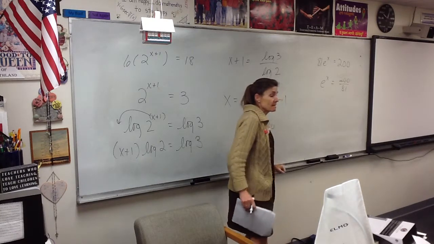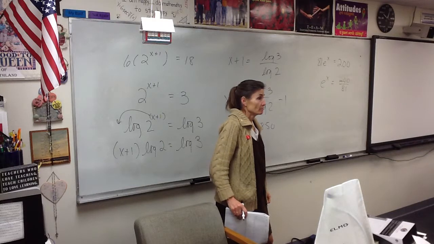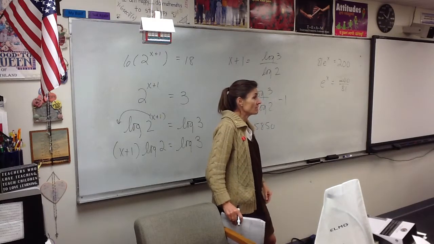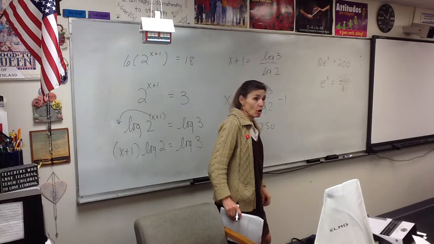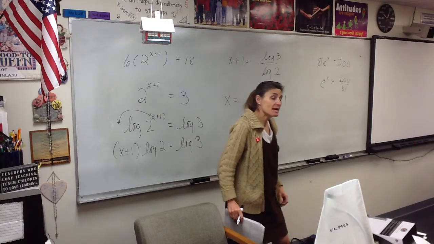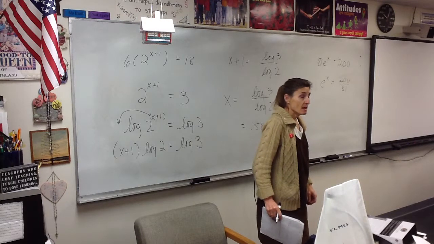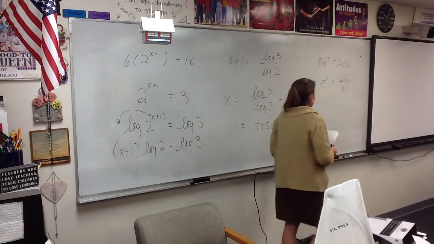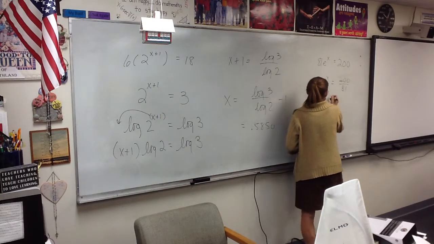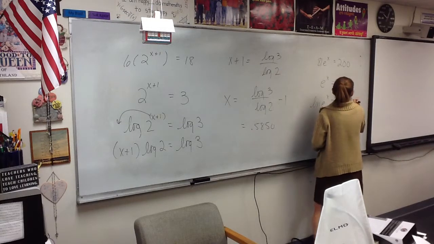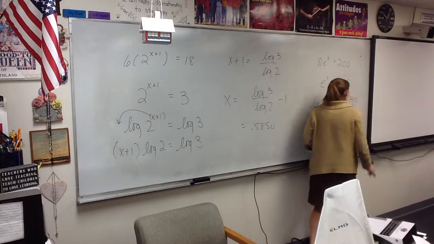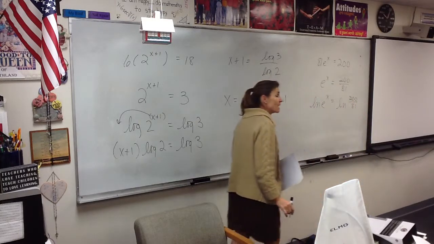Now, what's the next step supposed to be? I can't pull the x off yet. I've got to take the logarithm of both sides. But since this problem has an e in it, I'm going to ln both sides. Now that's perfectly legit, people. Remember, I don't do illegal things. We're going to take the natural logarithm of both sides.